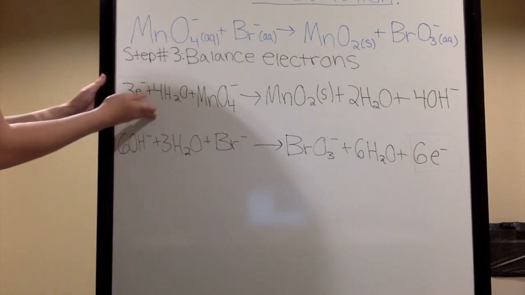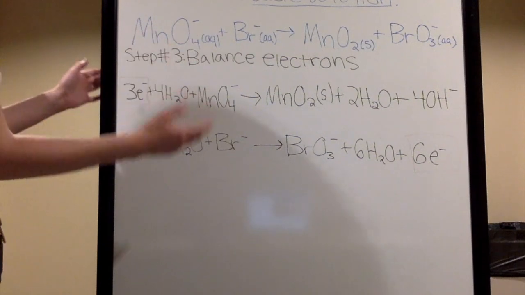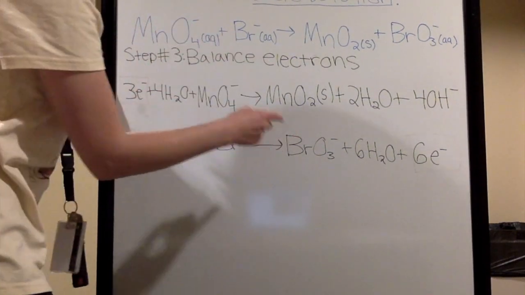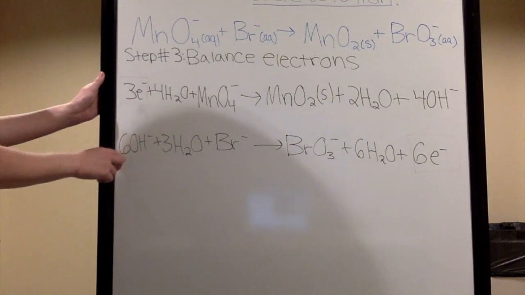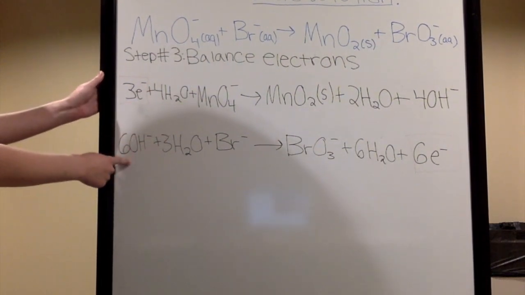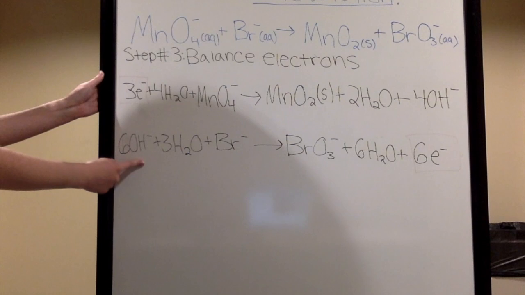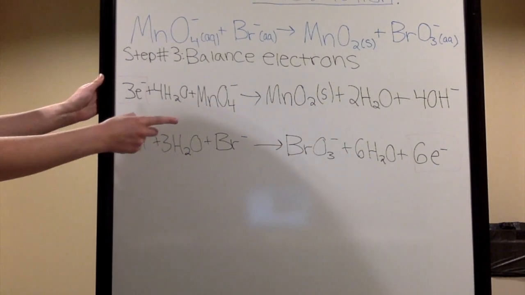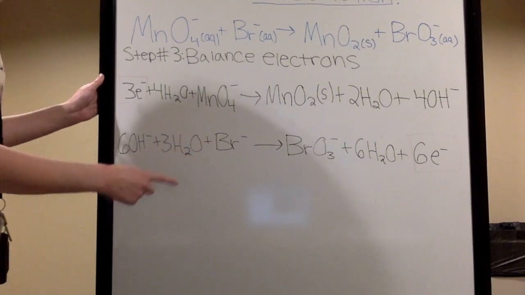For this half reaction, there were originally 7 negative charges on the reactant side due to hydroxide and bromine.